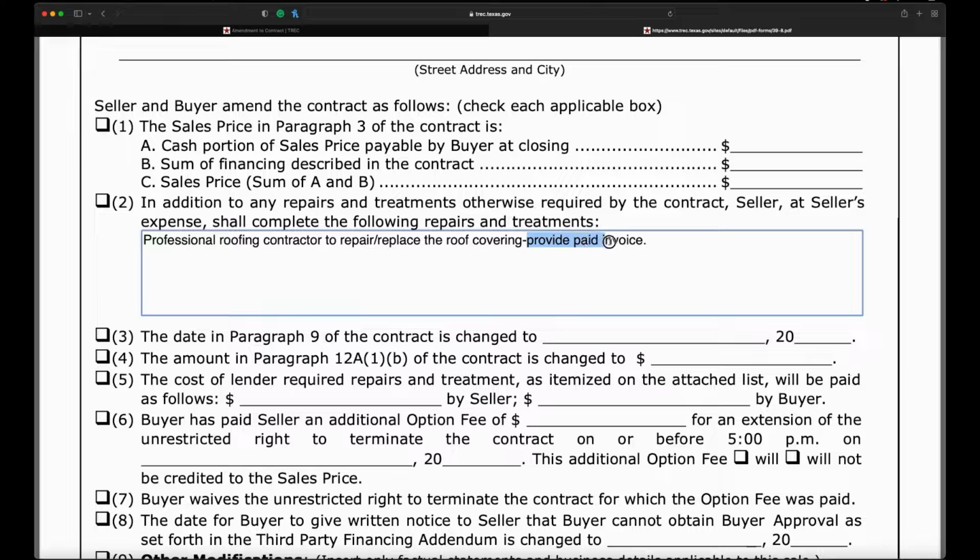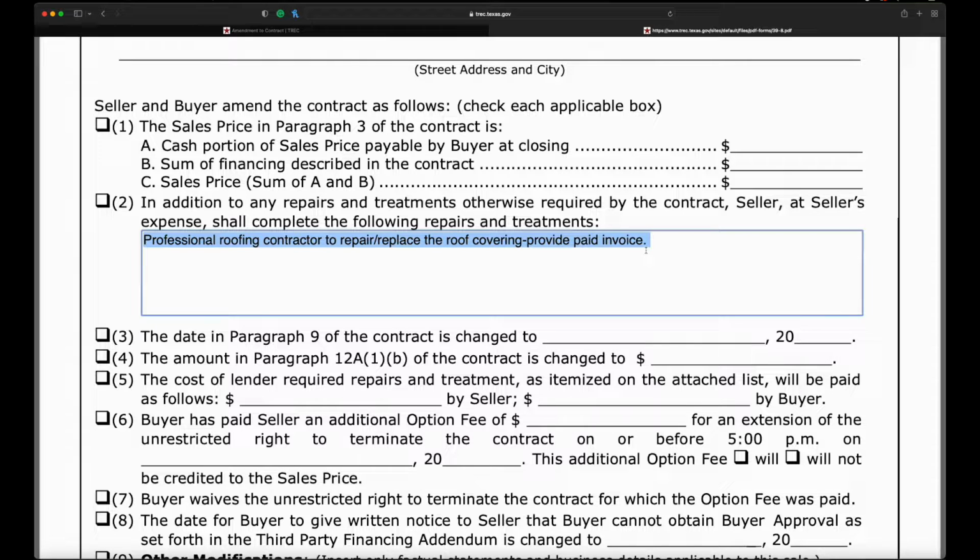But you put this here, and this will ensure and give your buyer more peace of mind that a contractor did it, and any warranty services will transfer or things like that. So it's not just Uncle Bob that went up there and did the repair.